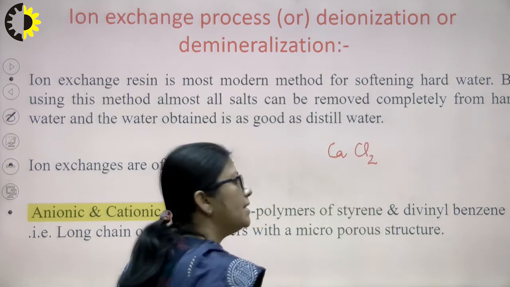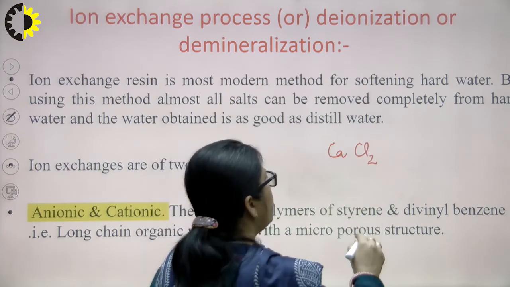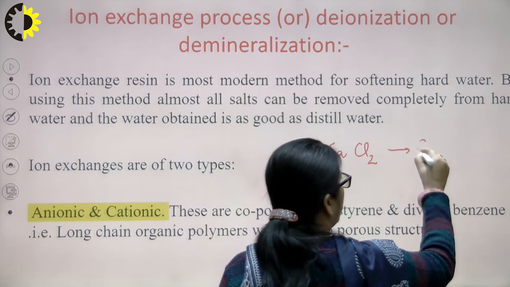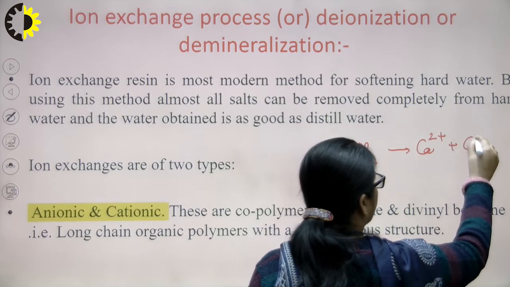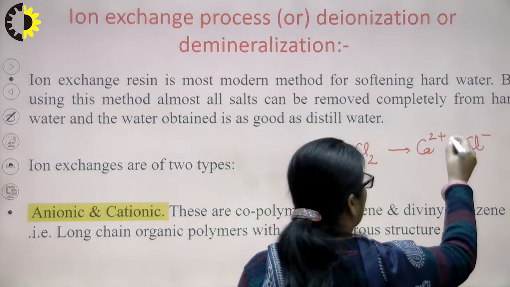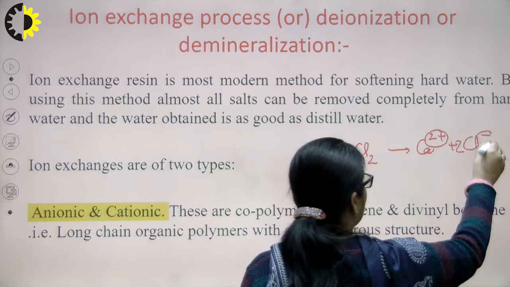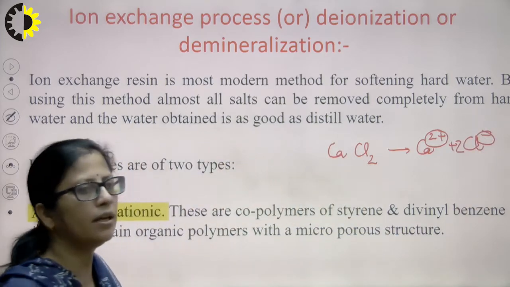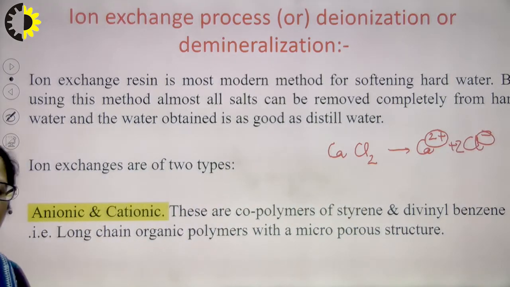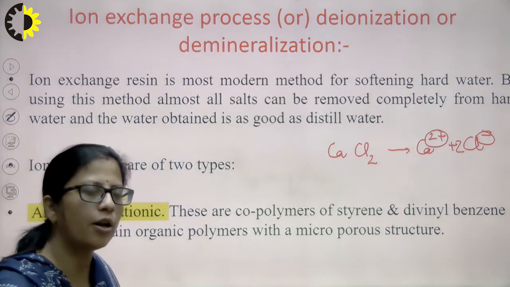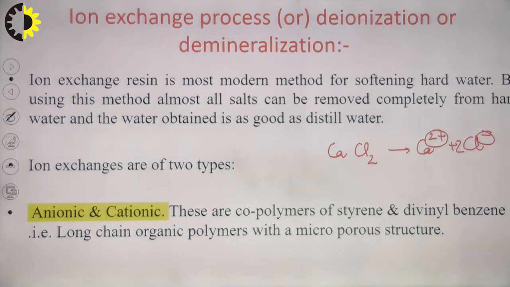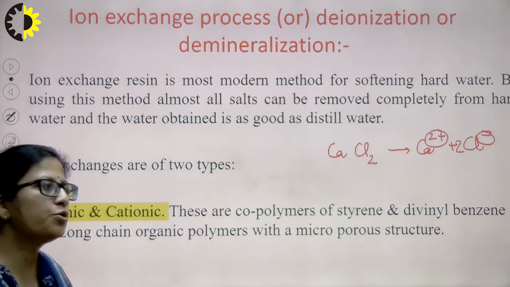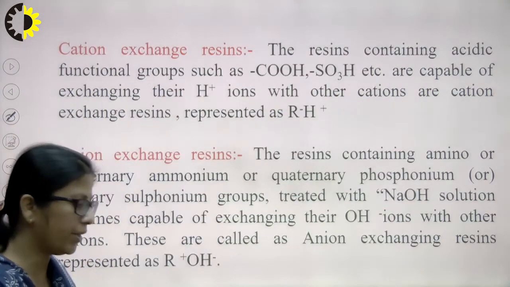Suppose water contains calcium chloride. So, the two different ions which are going to be present in water are the calcium ions and chloride ions. That means both cations and anions are going to be present in water. So, the exchangers that I am going to use in this method are of two types: anionic to remove the anions in water and cationic exchangers to remove the cations in water.